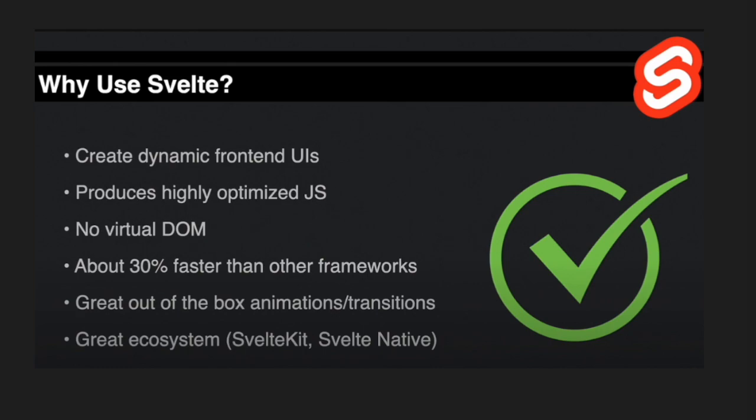I will say I haven't built a large scale application like I have in React, so I can't really speak to the scale, but you can feel pretty supported, as we can see with some stuff coming for managing state.